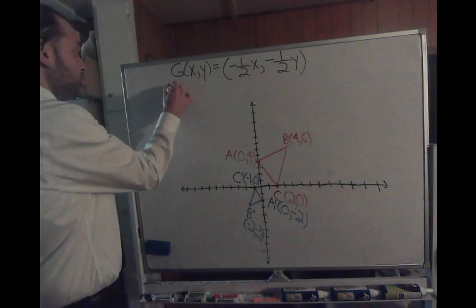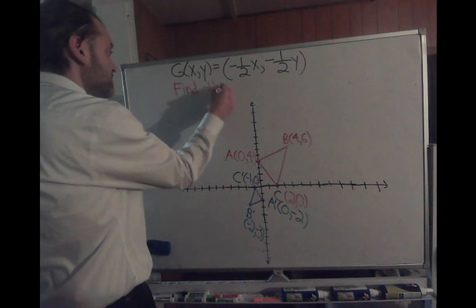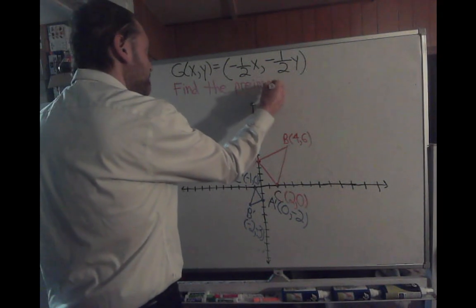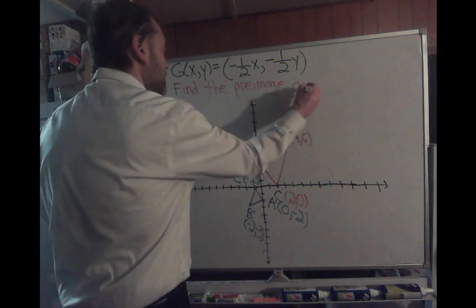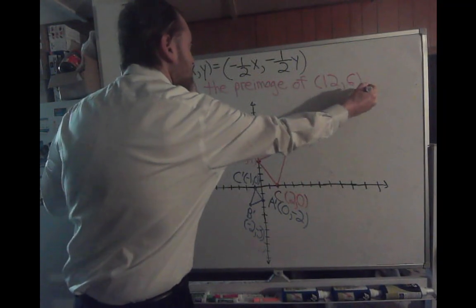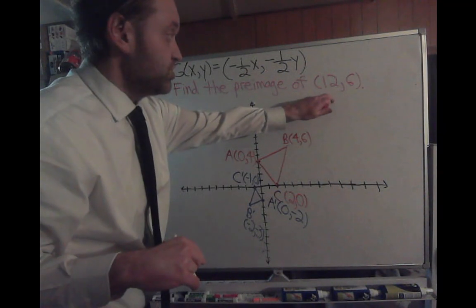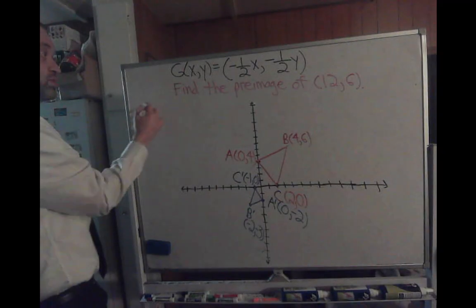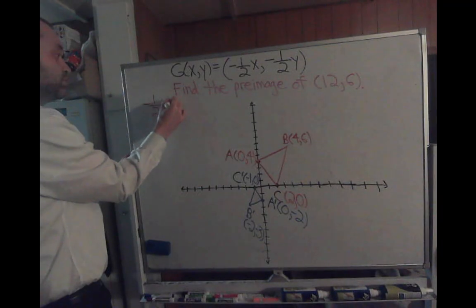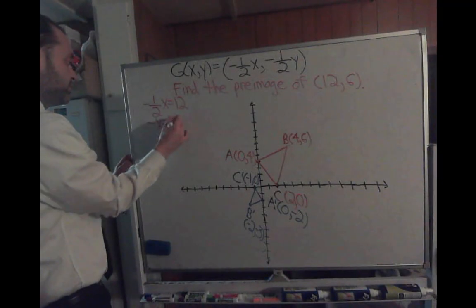Now, for the final time today, find the preimage of (12, 6). Well, just take, again, each part of the preimage. So take your 12, set that equal to negative 1/2 x. Negative 1/2 x equals 12, which means that negative x equals 24.